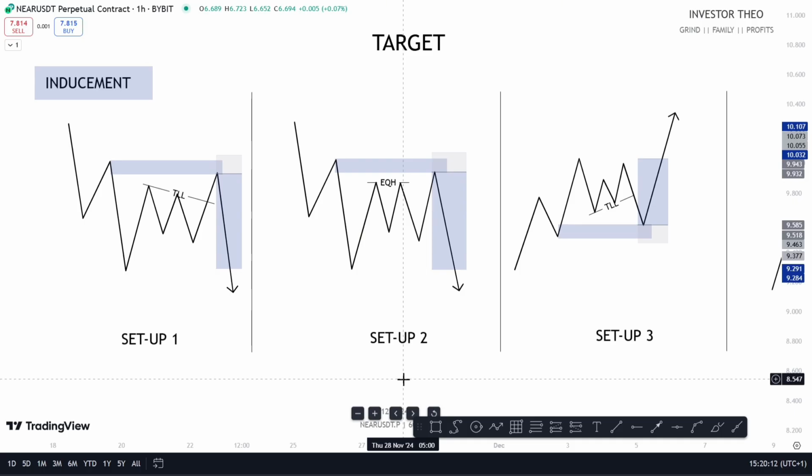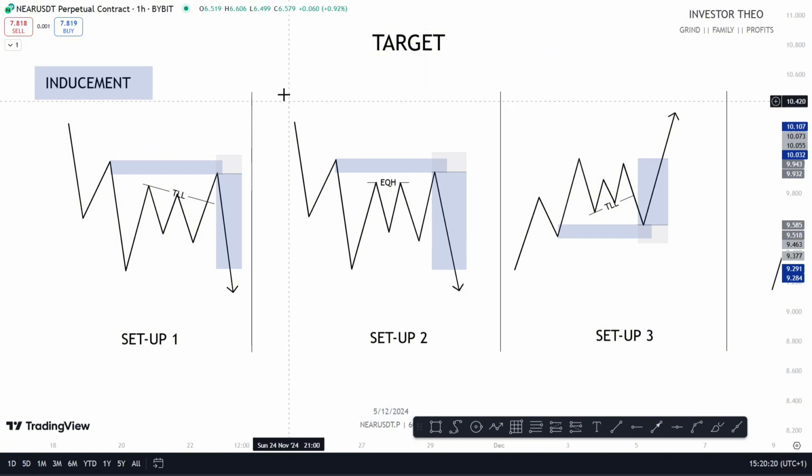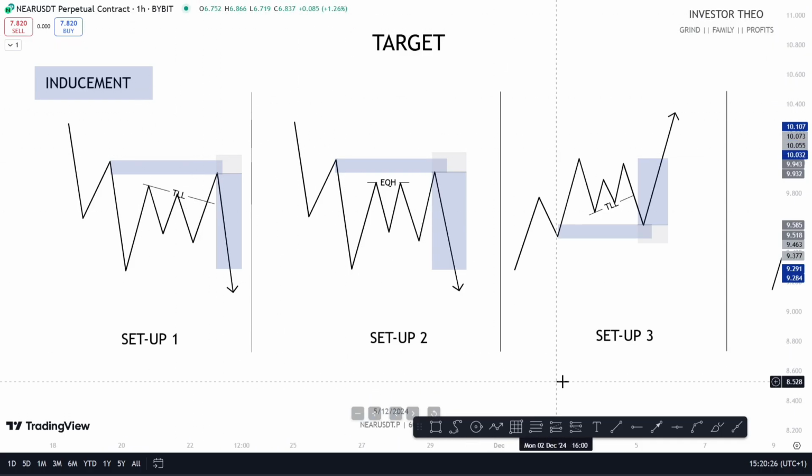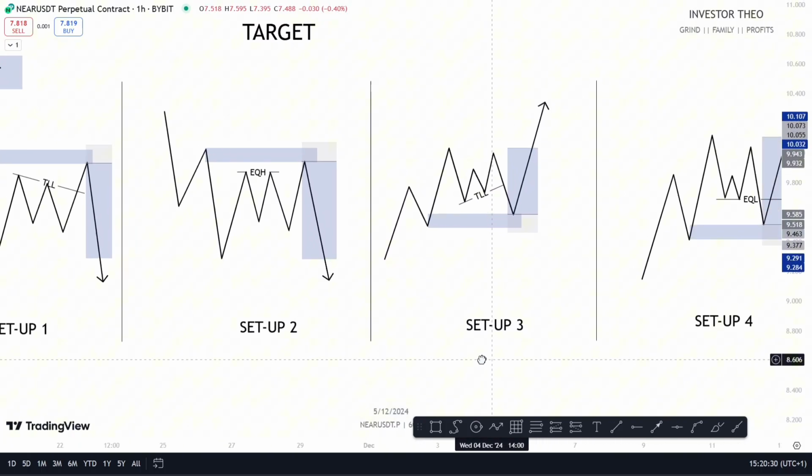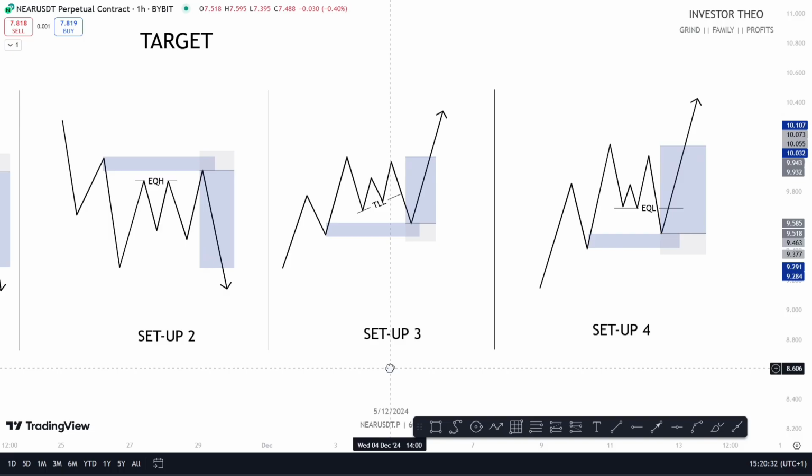Sometimes in a sample size of 20 trades, you can have around 50-something% accuracy, but trading 1:3, 1:4, 1:5, you're going to be in profit. So that's great. This targets here, in this main setup 1, setup 2, setup 3, and setup 4. So you can take a screenshot now. All right, so that has been done.